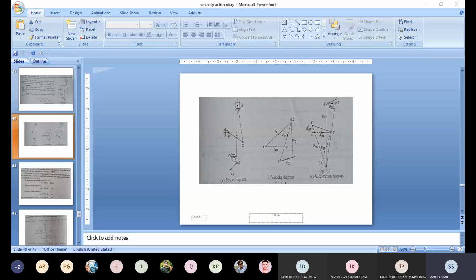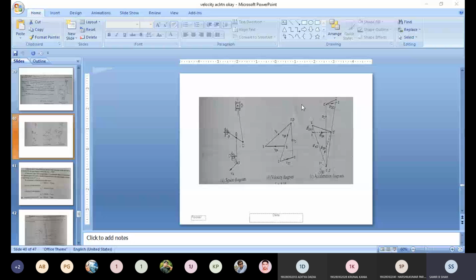Draw O dash A dash parallel to OA with some suitable scale which represents the radial part of OA, that is 53.3 meter per second square.